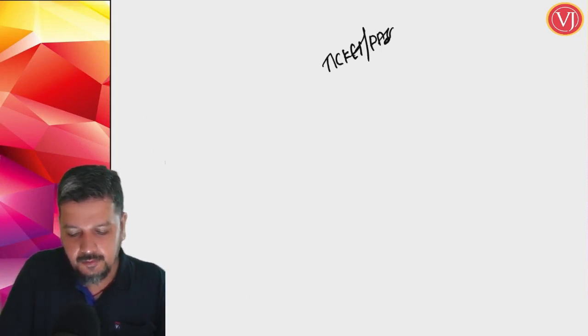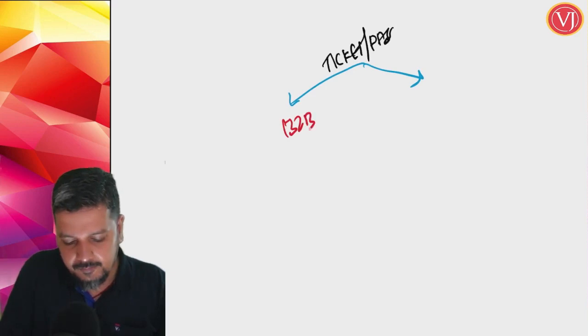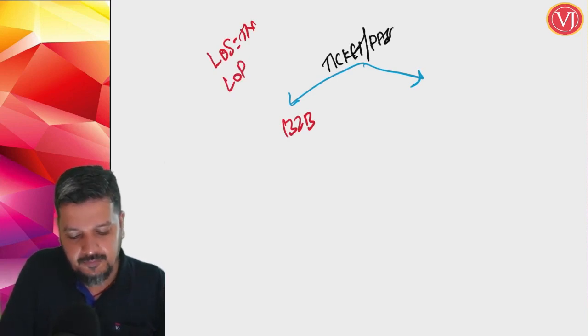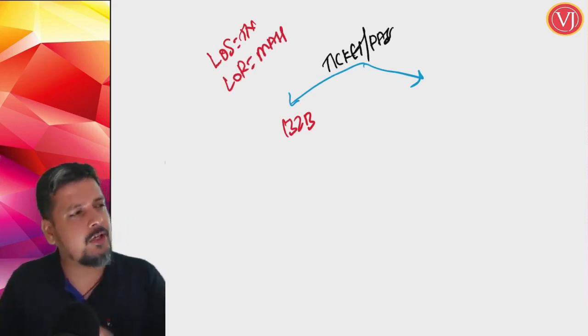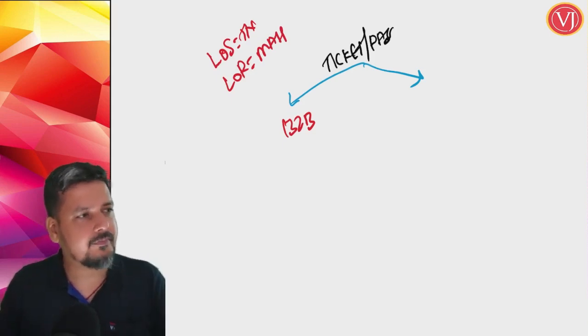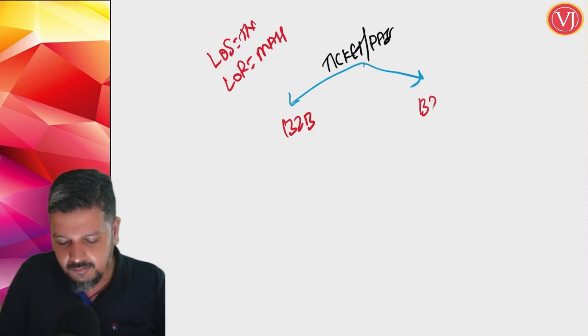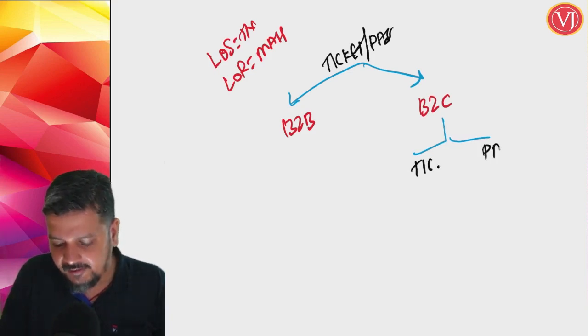There is absolutely no problem if it is B2B. Supposing the location of supplier is in Tamil Nadu and the location of recipient is Maharashtra, absolutely no problem. Right? But for B2C, there is obviously an issue. You have to split whether it is a ticket case, single travel, or a pass case, multiple travels.